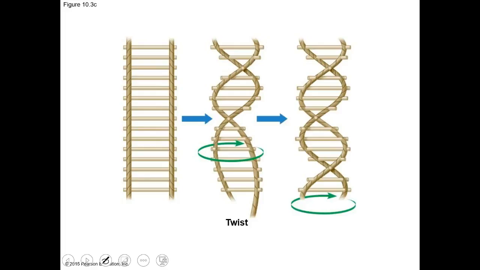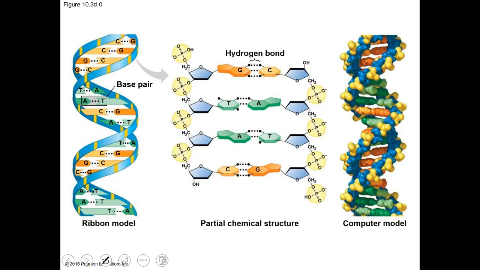And there you go. But that's their basic idea, that we have a ladder shape, and then we start twisting it. And that gives us the helix shape. The whole idea that we're looking for is that they're bonded up and matched. Although the whole idea with purines and pyrimidines is that one is larger than the other, they always match so that the large one and the small one pair.